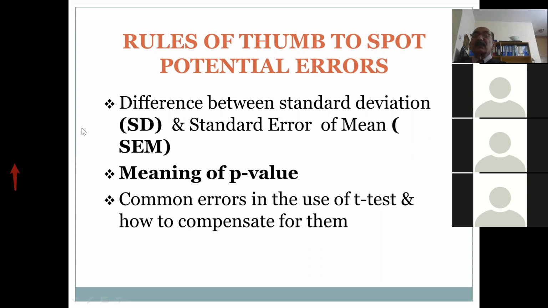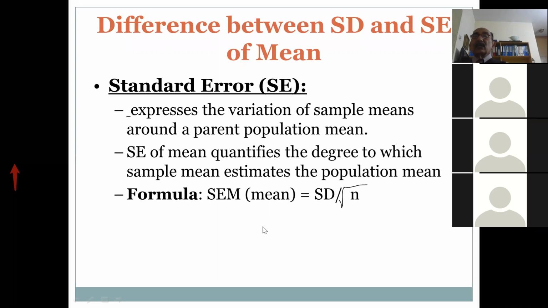You must know the difference between when you should use the standard error and when you should use the standard deviation. You should know the meaning of the p-value, common errors in the use of the t-test, and how to compensate for them. Standard error, as we have already discussed, expresses the variation of the sample mean around the parent population. For example, you collect a sample of 10 students from a class and you calculate the mean of those 10 students. Then you calculate the mean of the whole class, the whole population.